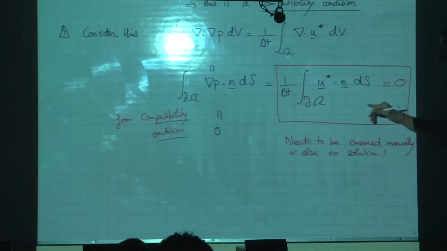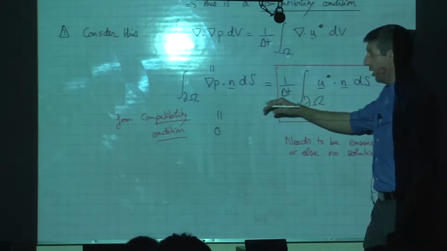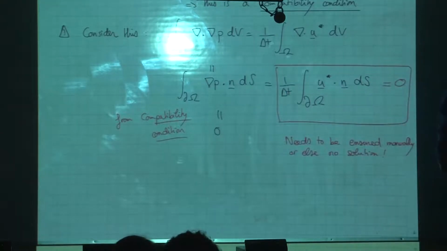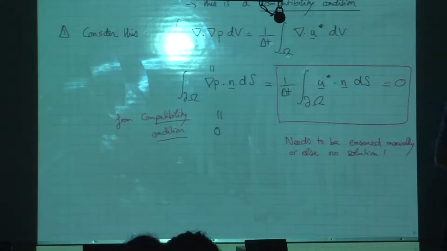So there's always going to be a requirement that whatever you're trying to enforce on the pressure, anywhere on the boundaries, has to be compatible with the corresponding global mass conservation statement. So you can do that. Other questions?